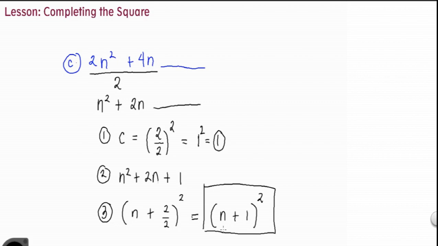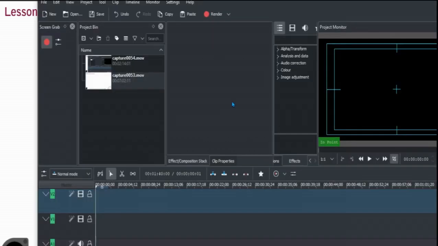There, we will apply the things we learned in our previous lessons. Okay? This is completing the square with expression. So, just remember our 3 basic steps. Okay? See you in the next lesson.